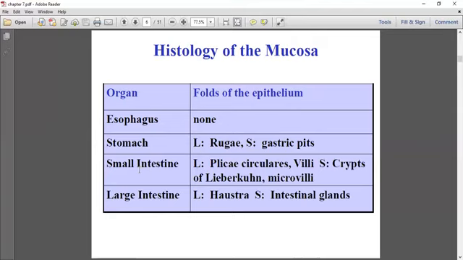The parts of small intestine, duodenum, jejunum, ileum, mostly have villi, crypts, plicae circulares, and the brush border, which is the microvilli. Large intestine, mostly having posterior structure, but the most important here is the intestinal gland.